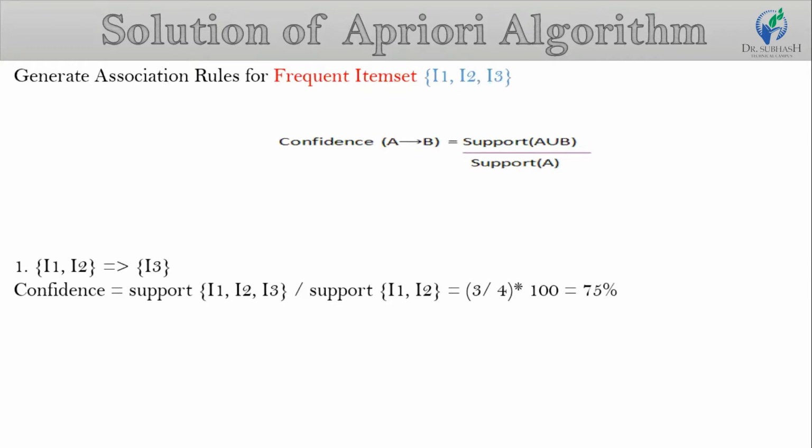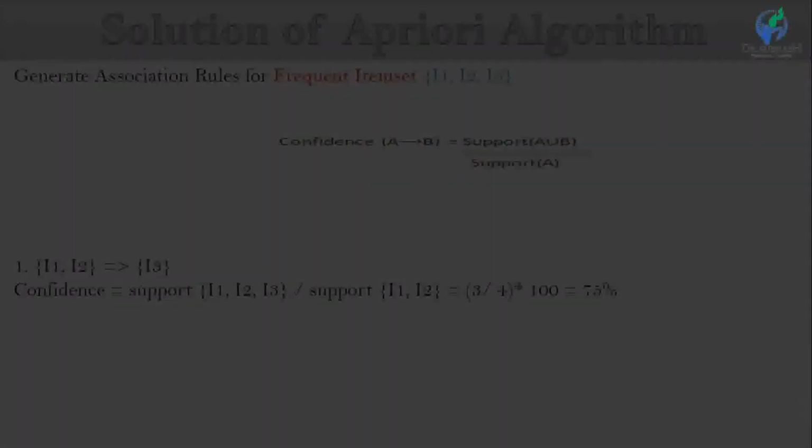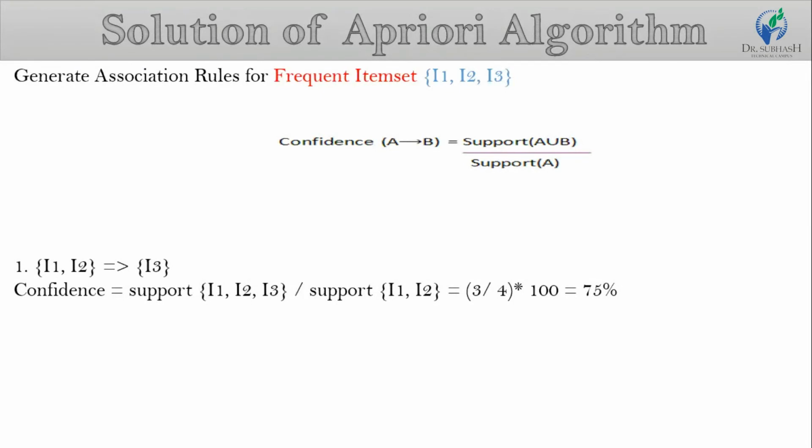The I1, I2, I3 item set count is 3, which we found in the earlier step, and the support count of I1, I2 is 4, which we have already found. So the answer is 75%. Here we multiplied the answer by 100 because we find confidence as a percentage, not in decimal.